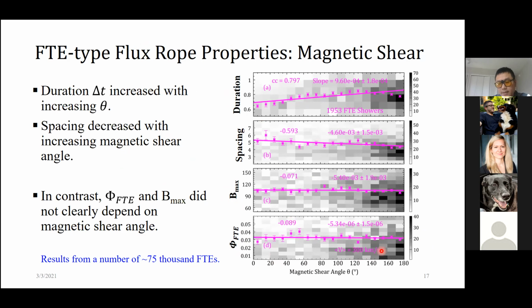The horizontal axis is the magnetic shear angle. You can see that the duration increases with increasing magnetic shear angle, and the spacing, that is the time separation, decreases with increasing magnetic shear angle. While the magnetic field intensity and the amount of magnetic flux do not show a clear dependence on the magnetic shear angle.